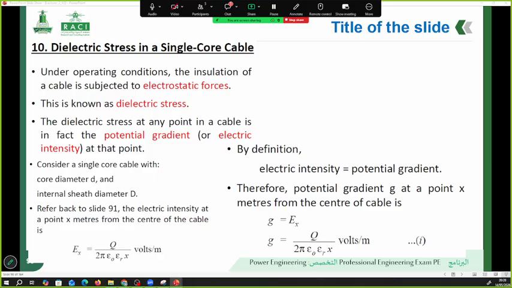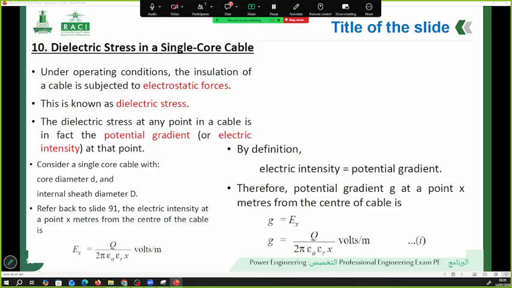It is important to note that this stress is not uniformly distributed; instead, it is highest at the surface of the conductor and decreases as the distance from the conductor increases toward the outer sheaths. So understanding the dielectric stress is essential for ensuring that the insulation material can withstand these electric forces without breakdown, thereby maintaining the reliability and safety of the cable systems.